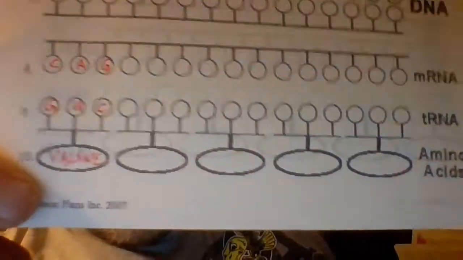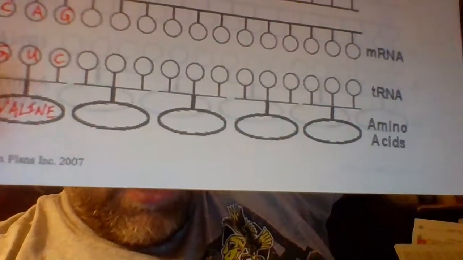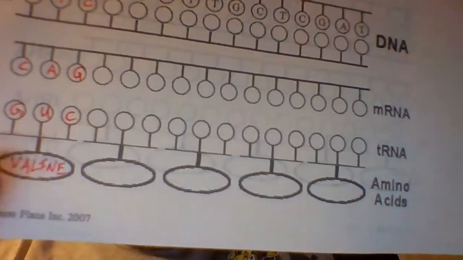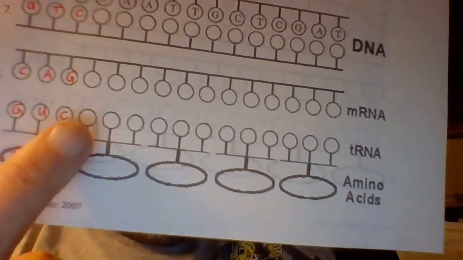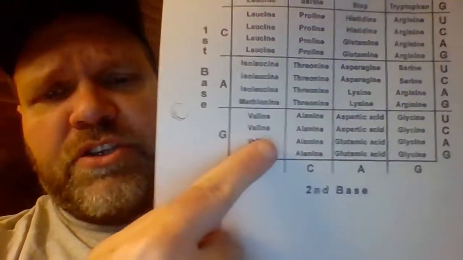There it is. Let's do the one on the bottom. G-U-C. Oops, sorry about that. Trying to get it in focus here for you. G-U-C. Let's find our code. Let's go here and let's do G. G is right here.